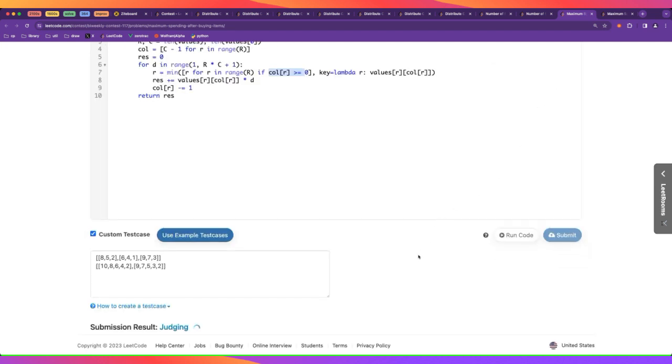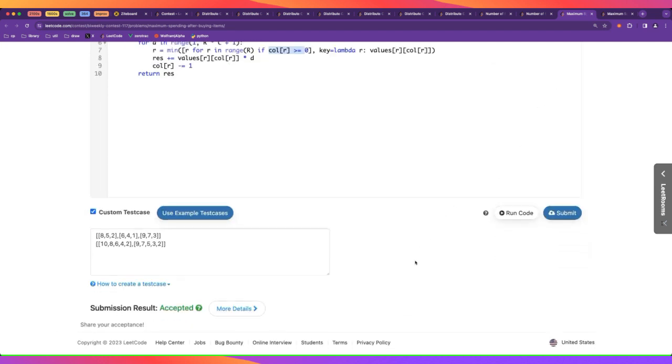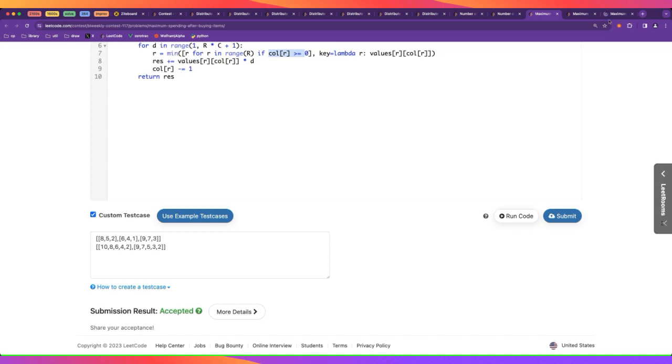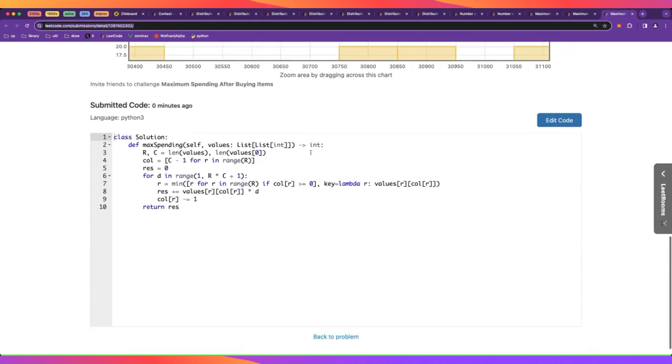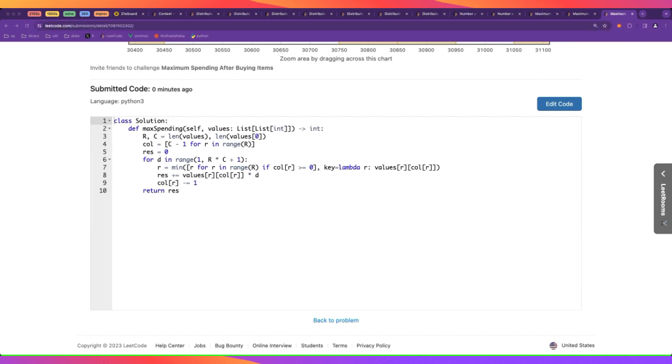Okay. Yes. Cool. So yeah, this is the way to do it without the heap. So okay, we've solved it.